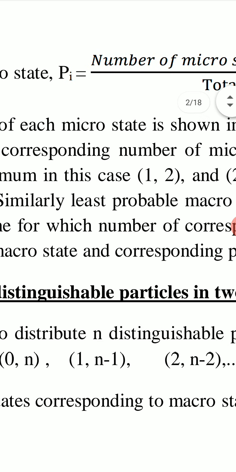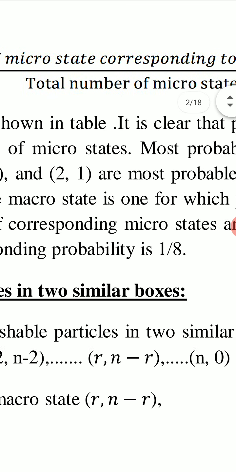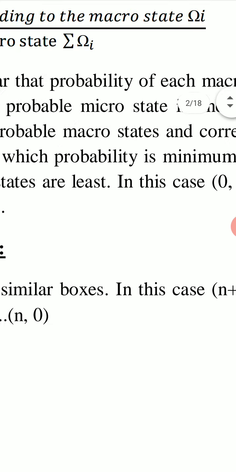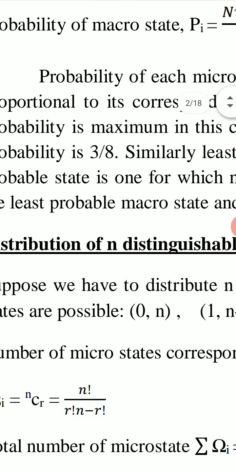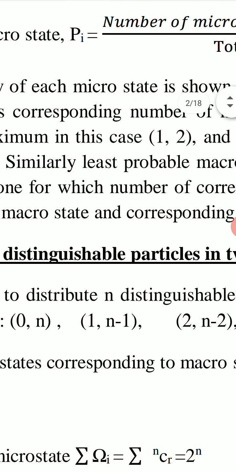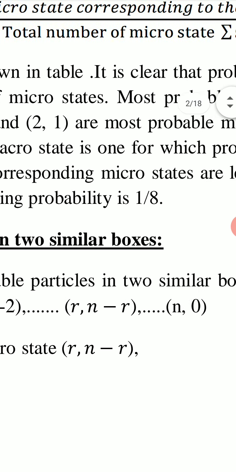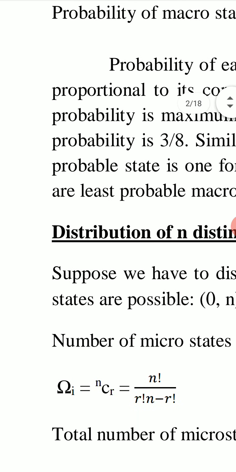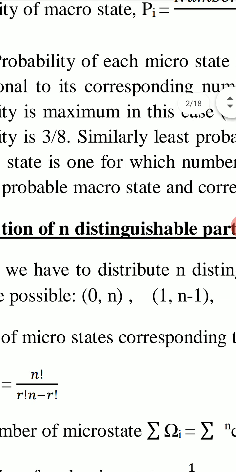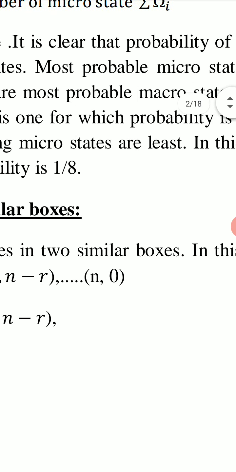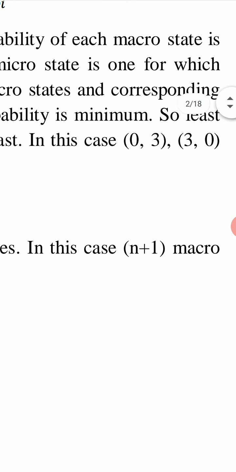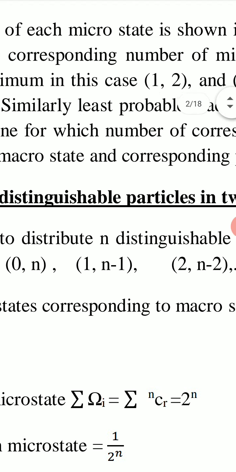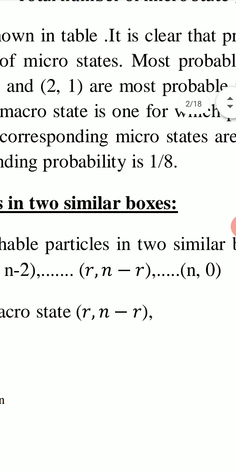In this case, 1 2 and 2 1 are the most probable macrostates, and the corresponding probability is 3 upon 8. Similarly, the least probable macrostate is the one for which probability is minimum, so the number of corresponding microstates is least. In this case, 0 3 and 3 0 are the least probable macrostates, and the corresponding probability is 1 upon 8.